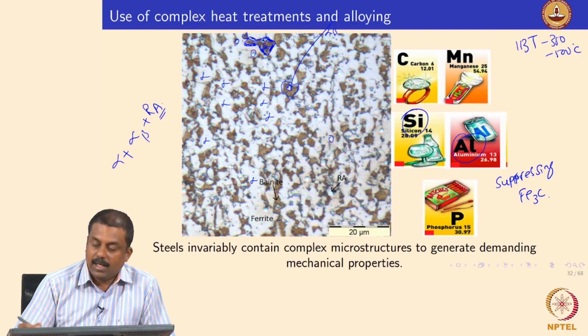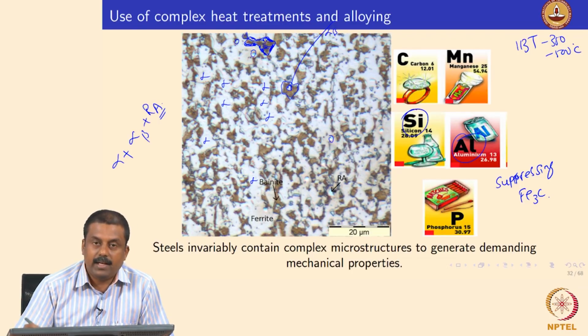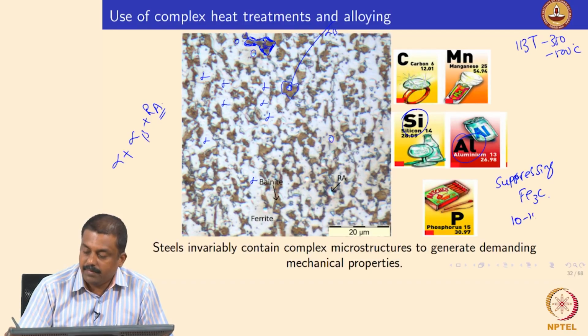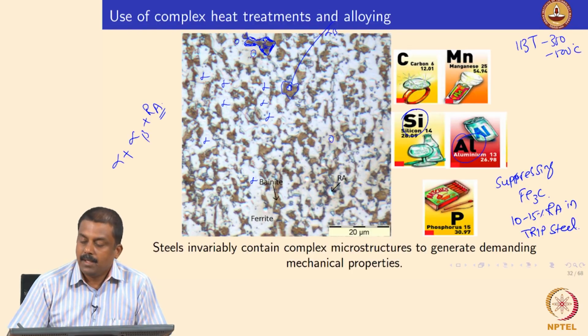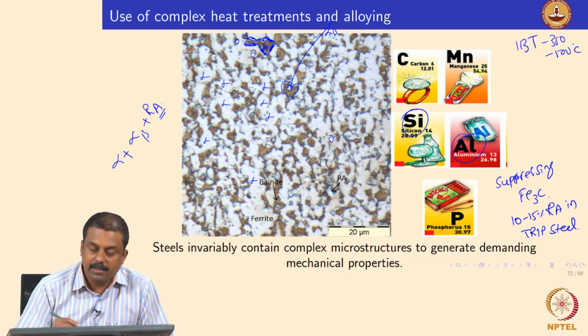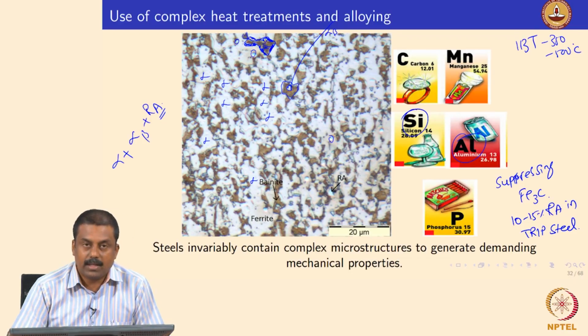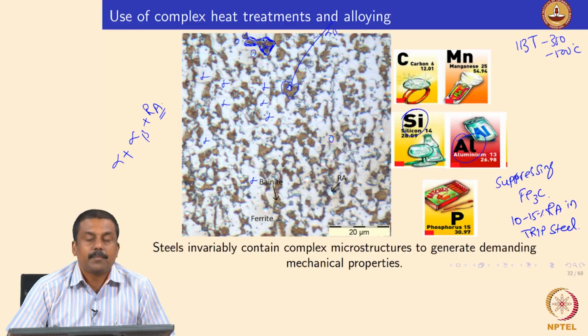Okay. And the presence of retained austenite is also very critical in this microstructure. Generally, we have about 10 to 15% of retained austenite in TRIP steel. This austenite transforms to martensite upon loading.